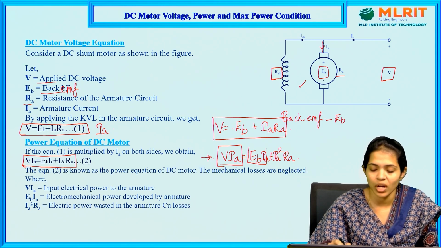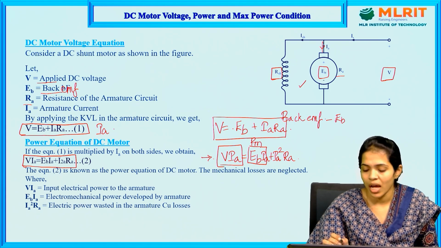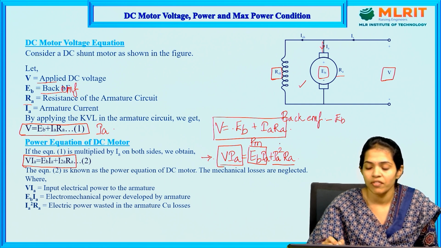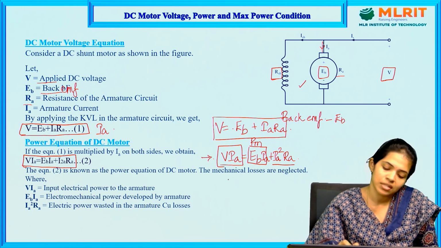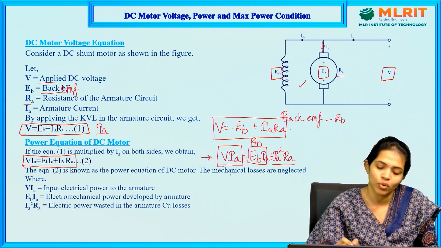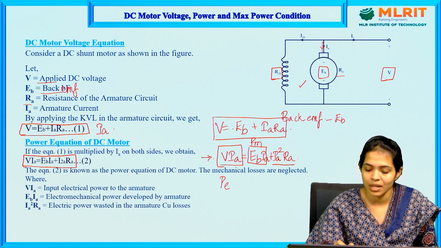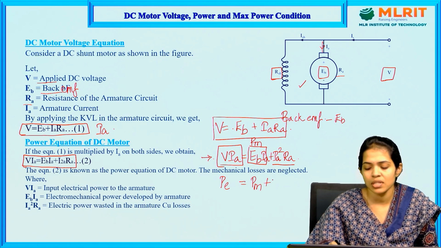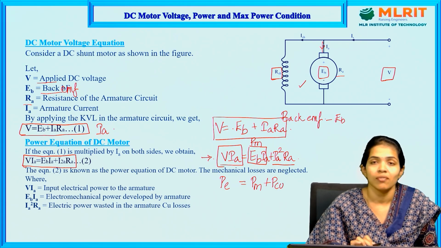EB into IA is the mechanical power developed across the shaft of the armature. IA square RA is the copper loss which appears in the resistance of the armature. So this is the power equation for the DC motor, which says the electrical power supplied to the armature equals the mechanical power developed at the shaft of the motor plus the losses, that is, the copper losses occurring in the motor.